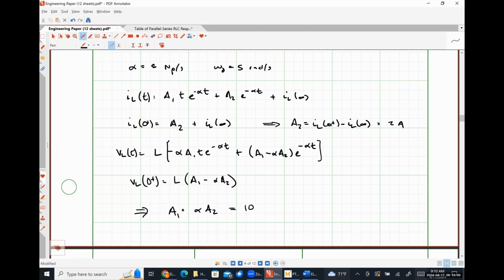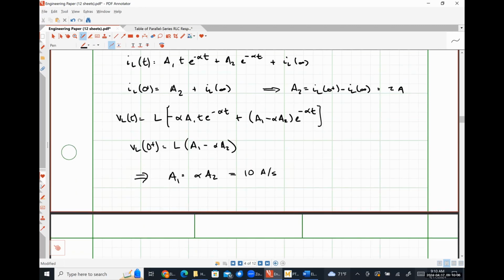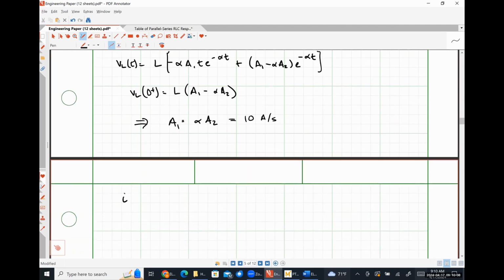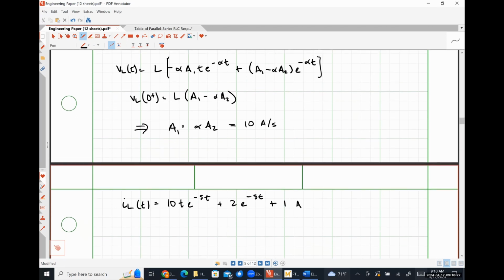And this should be amps per second. So from here, IL of t will be 10t e to the negative 5t plus 2 e to the negative 5t plus 1 amps.